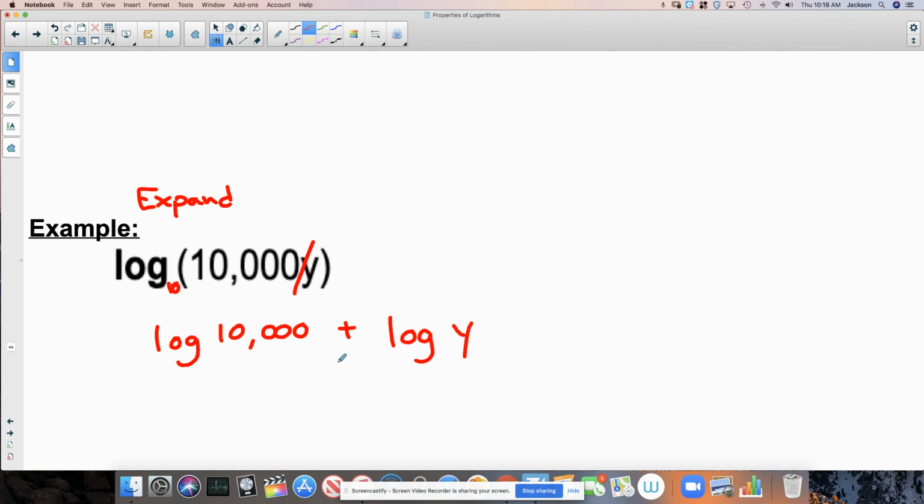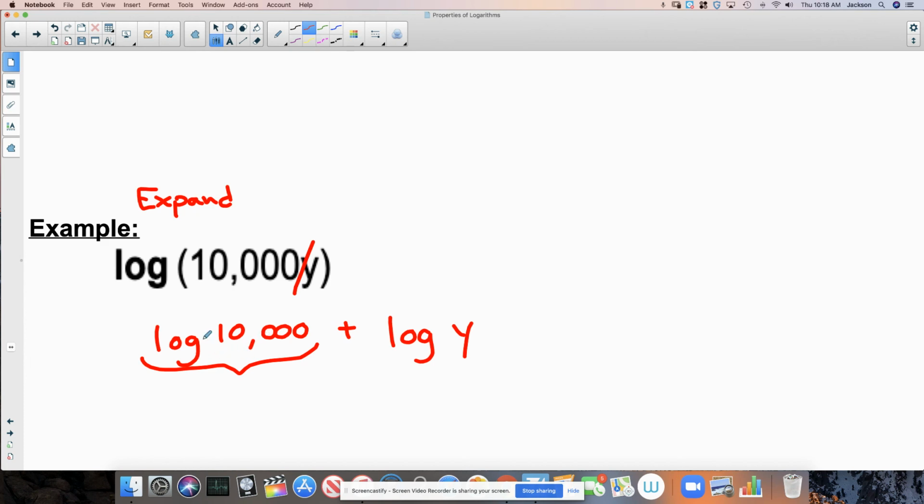Now, I'm not writing the 10 here, and I probably won't, because I want you to get used to seeing this common log as log base 10. Once we get to this point, look inside this log. This is a common log of 10,000. Since there are no variables here, we should make an attempt to evaluate this without a calculator.